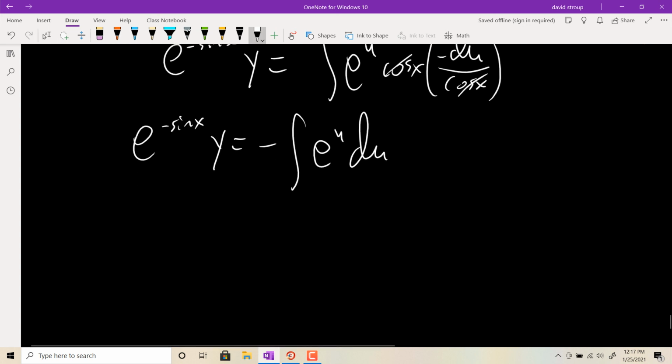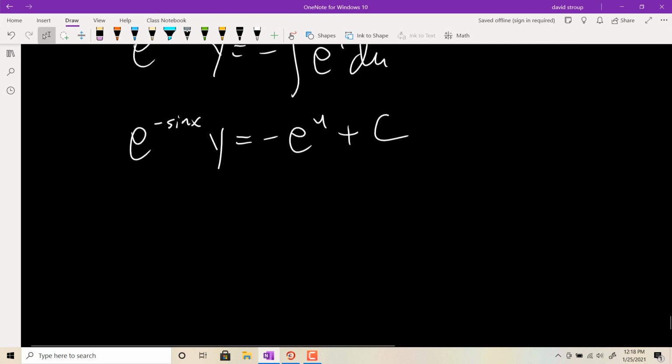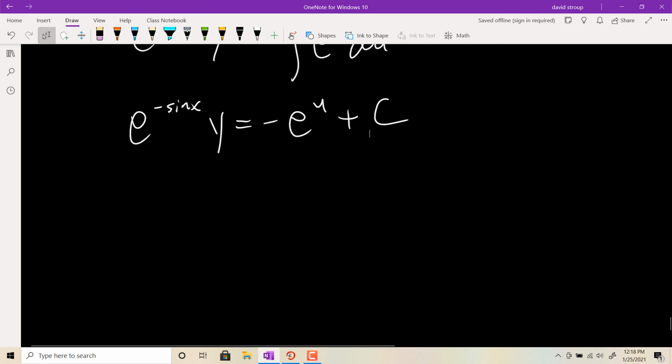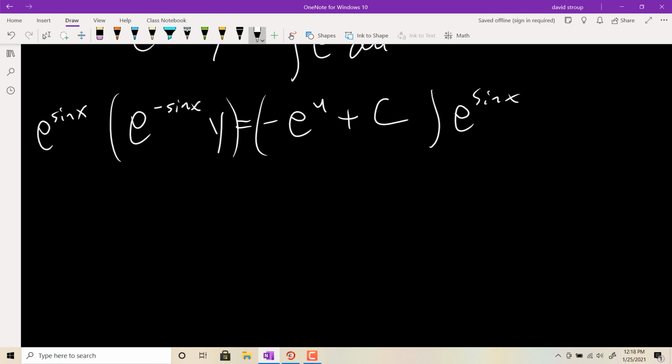And then we can integrate e to the u. That's the easiest integral in the universe. It's just e to the u. Don't forget your integration constant. Then isolate y, so multiply everything on both sides by e to the sine x. And I forgot the back sub as well. So I have the back sub, u is negative sine x.